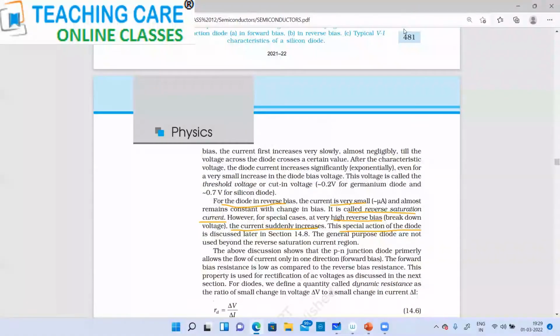So in this case, the current increases very slowly, almost 0, then it starts increasing rapidly. A small reverse current is there, and if we cross the breakdown voltage, the current increases rapidly. Underline everything.